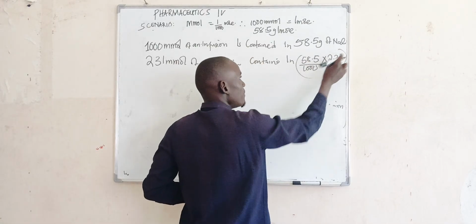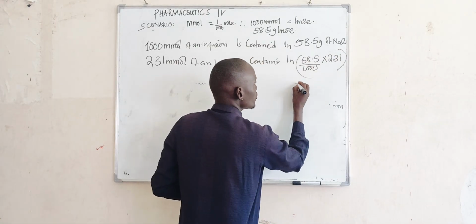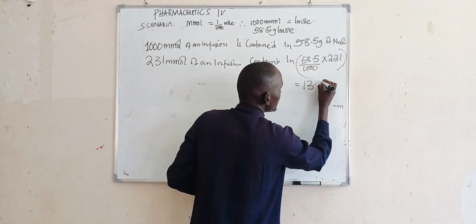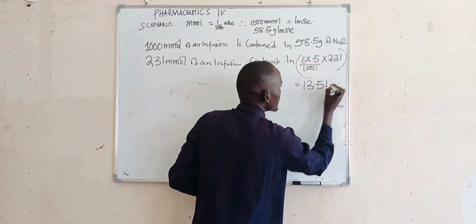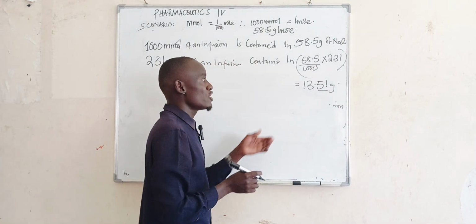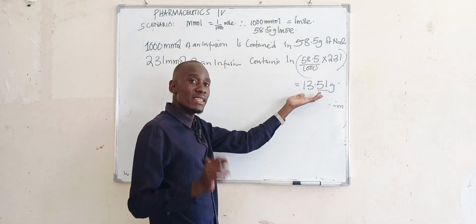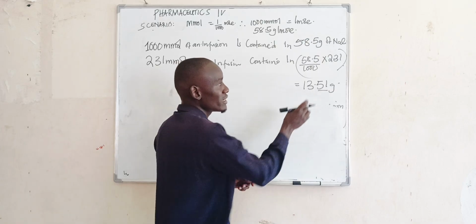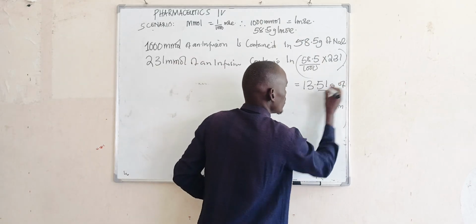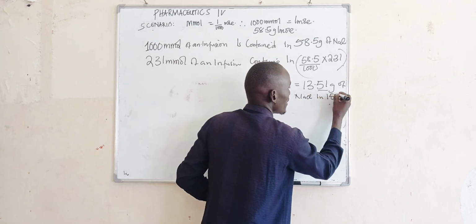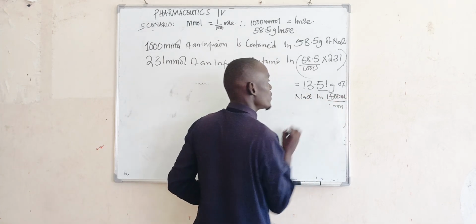The millimole and the millimole will cancel, and by calculation, we shall have 13.51 grams, if we round off to 2 decimal places. So that is the mass of sodium chloride required in 1,500 mils, which are the 6 bottles.